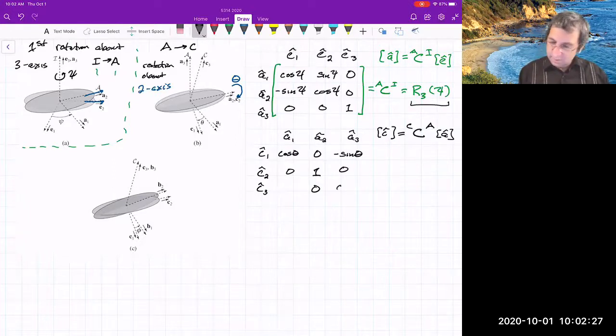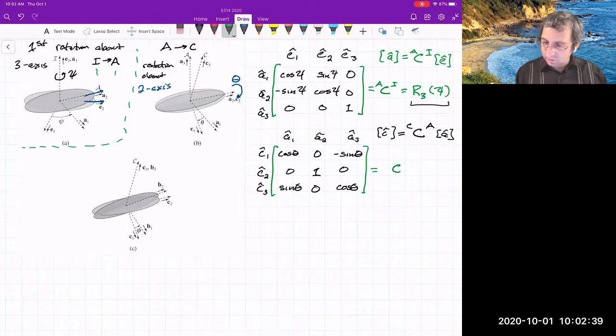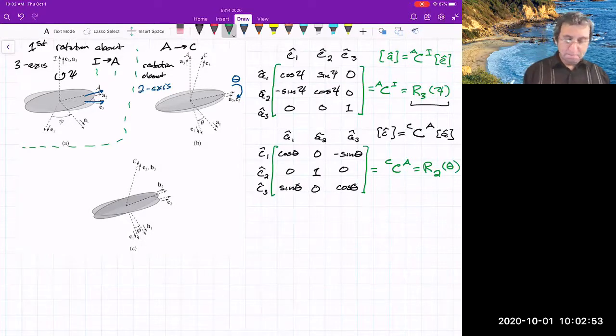This is what the matrix looks like. So this is the rotation from the A basis vectors to the C basis vectors, and in our notation it's R2, rotation about the number 2 axis through an angle theta. Okay, so that's the second in the sequence of 3 rotations.